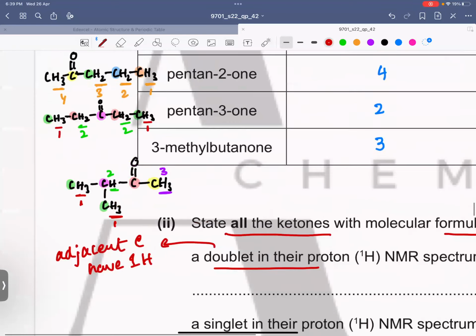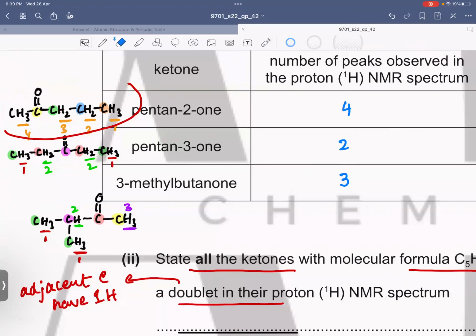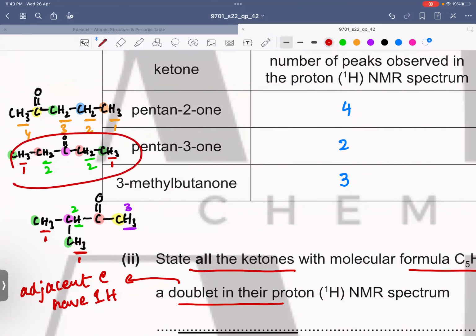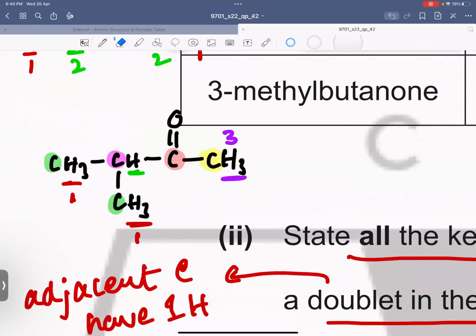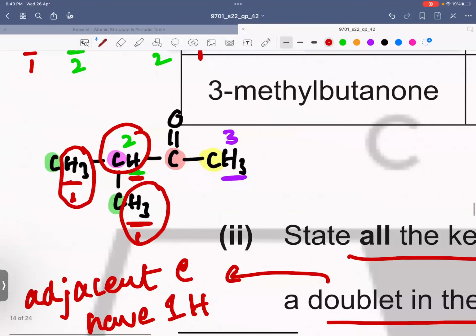So if you see, in this case, there is not a single carbon where there is a CH. So this would not be the answer. In this case, again, there is not a single carbon with one hydrogen. But if you look over here, this is one hydrogen. So the signal of these 2 is going to split into a doublet, because on the neighbor of this there is only one hydrogen.